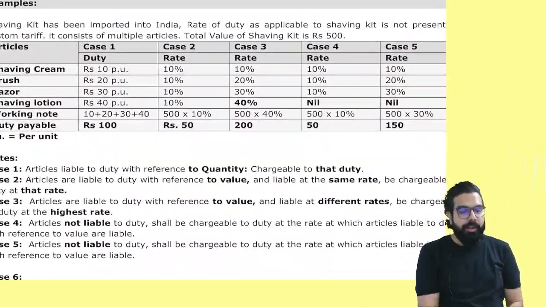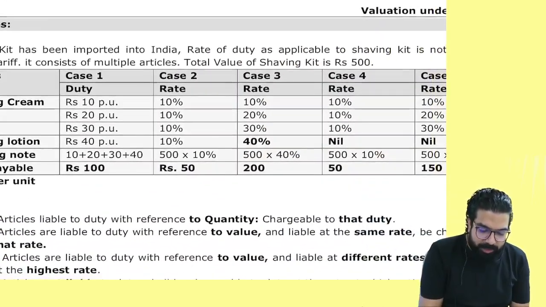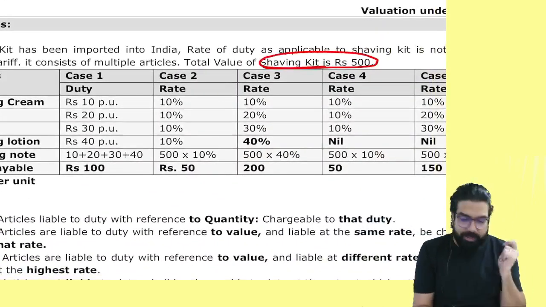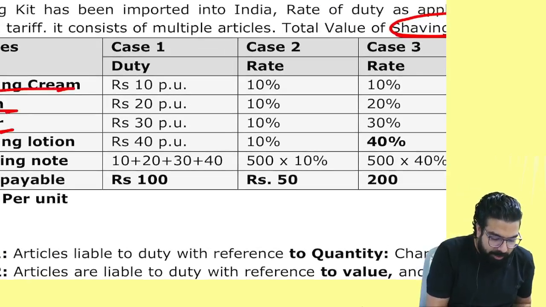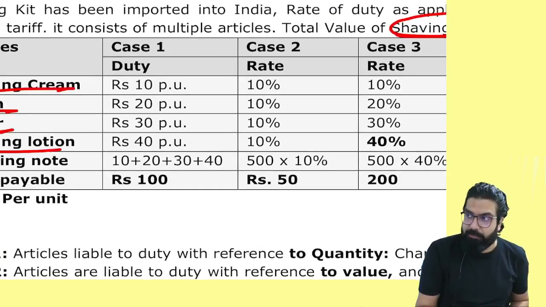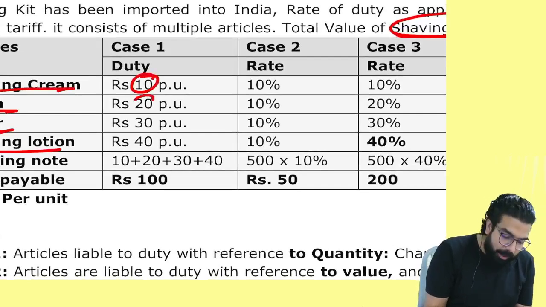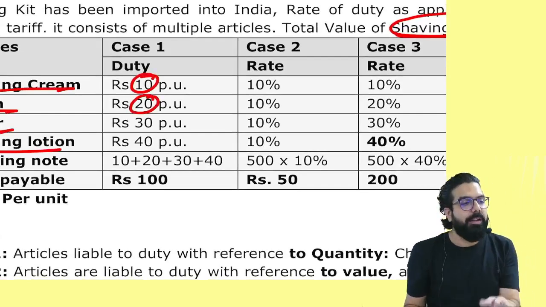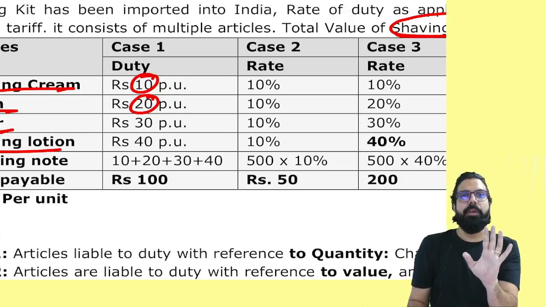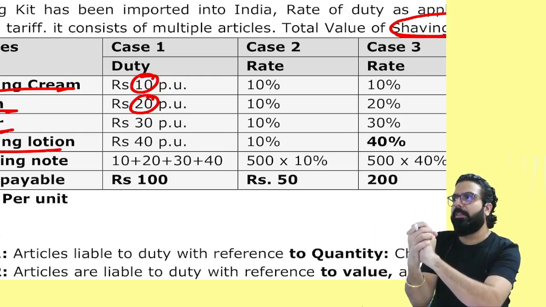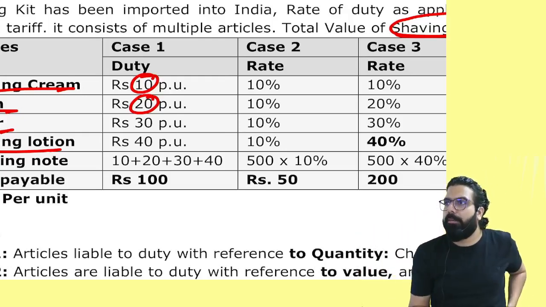Suppose I imported from outside India one shaving kit of 500 rupees. In the shaving kit came shaving cream, brush, razor, shaving lotion, etc. One has a rate of duty of 10, another 20. In the Customs Tariff Act, there is nothing called a shaving kit. It is items clubbed together and has come. Now what rate of duty will apply?